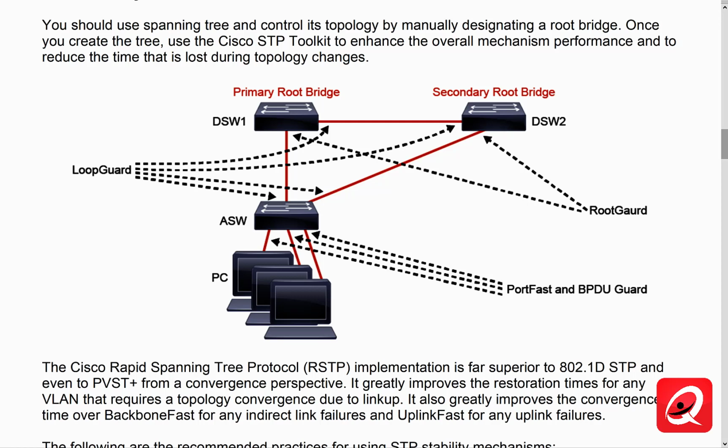We would use probably something like UDLD for that, unidirectional link detection, but it allows us to detect the loss of BPDUs, and in the event of the loss of BPDUs, we kind of lock down the environment so that the root stays consistent. All right.